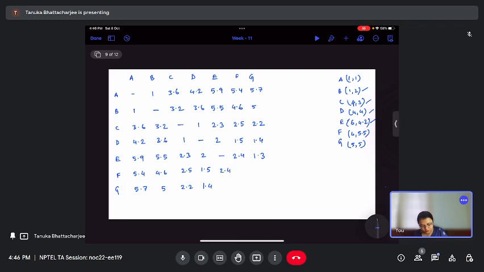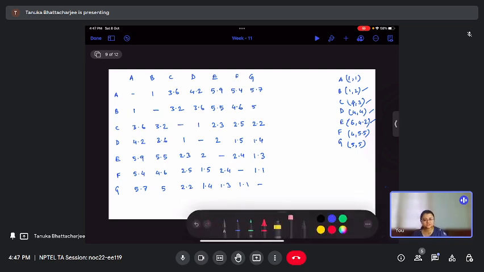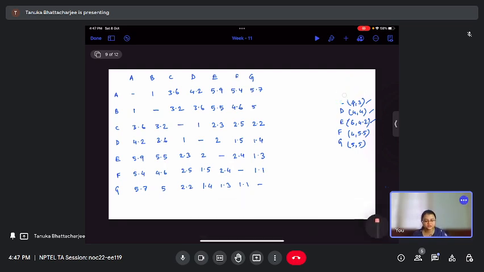So 2.4, 1.3, and F and G, that distance will be 1.1. So this is the final distance matrix.